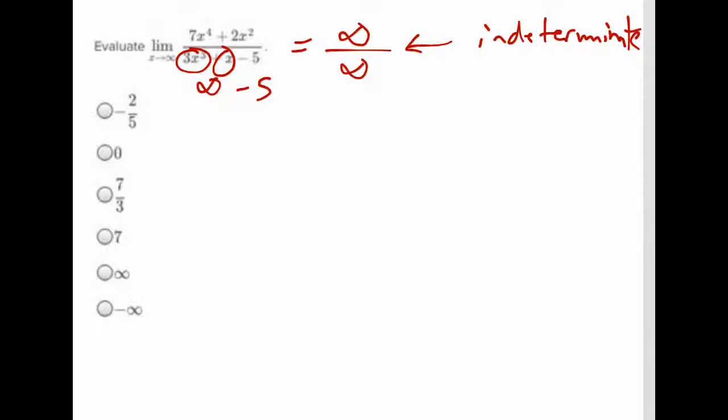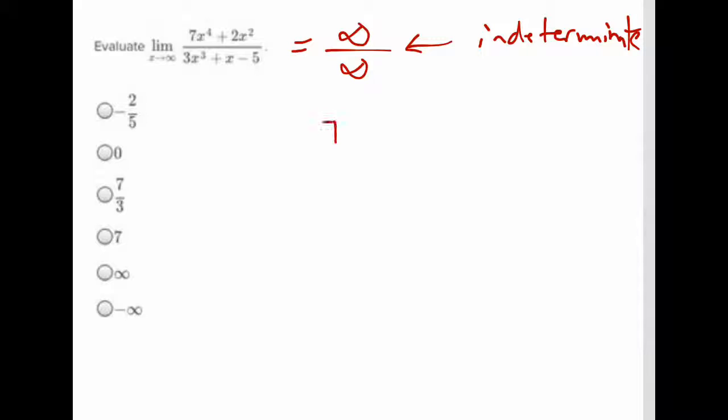So that means we gotta try some tricks. Let me erase this stuff. So the trick when you have limits at infinity is, as x is approaching infinity, you try stuff. If you get an indeterminate form, there's a trick that you can do.